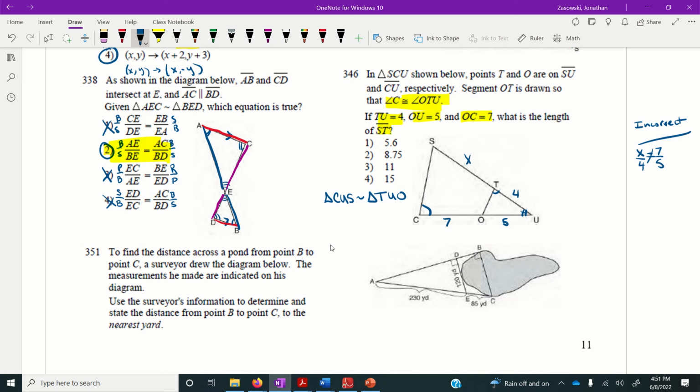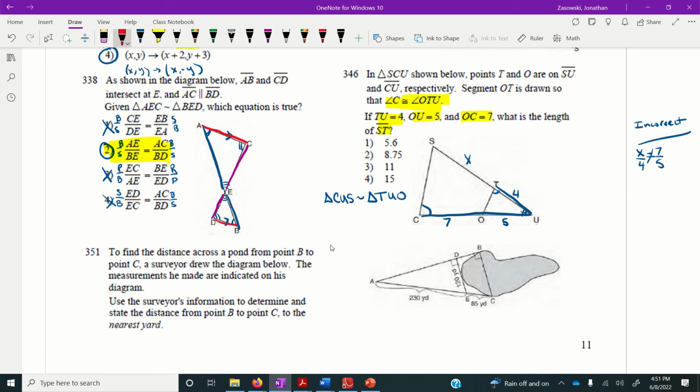And what we're going to notice is that these sides don't actually line up this way, right? CU does not correspond to OU, right? It corresponds to TU up here. It actually corresponds to this side, okay?